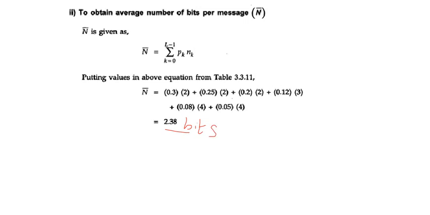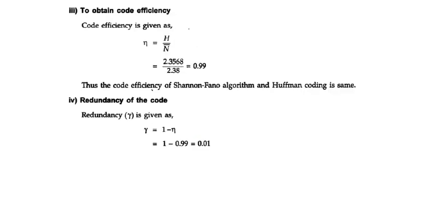Then efficiency is nothing but H(X) by N bar. So we are getting the same efficiency. For this problem we are getting the same efficiency for both Shannon-Fano coding and Huffman coding, but it may not be true always. In most cases, as I said, Huffman coding is more efficient than Shannon-Fano coding.